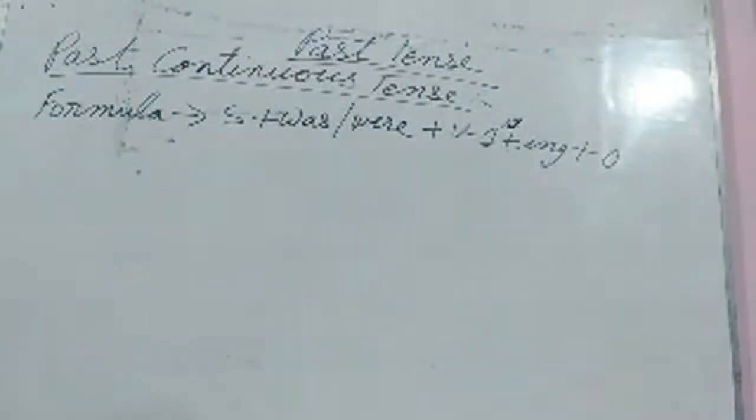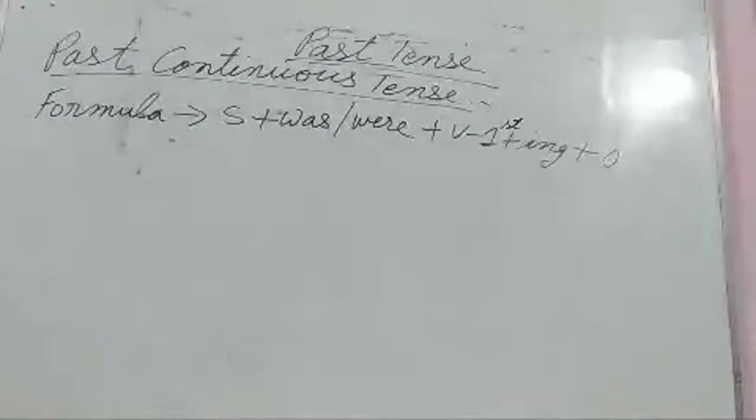So this is the formula related to the past continuous tense. Let's see the example.